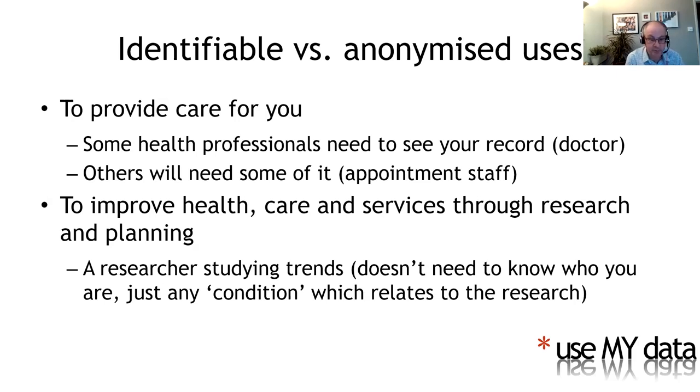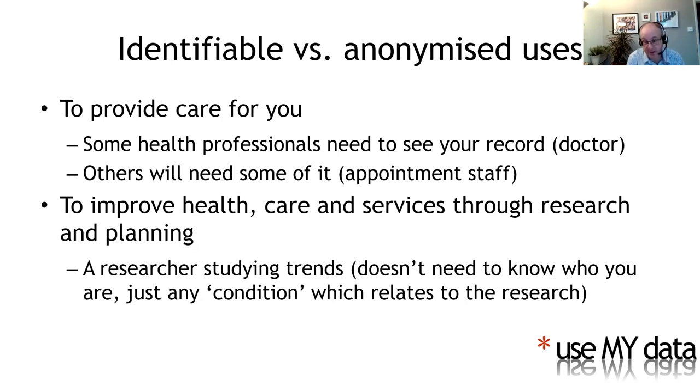The second part is around improving health care generally through research and through planning, as we mentioned. And for those users, by and large, the people who are doing that work do not need to see who you are and who we are. And that's why, simplistically, we anonymize, why we de-identify data, to allow those people to do that work, but protecting our identity as individuals.